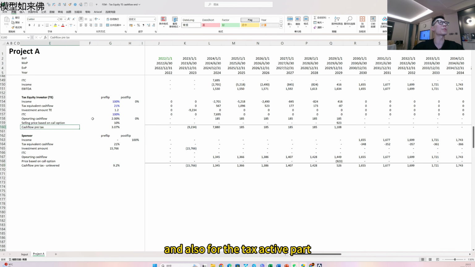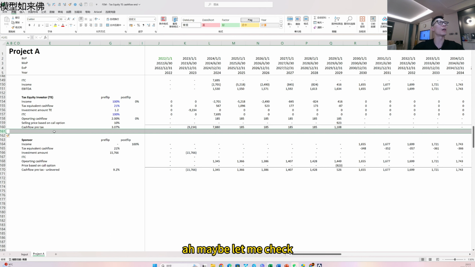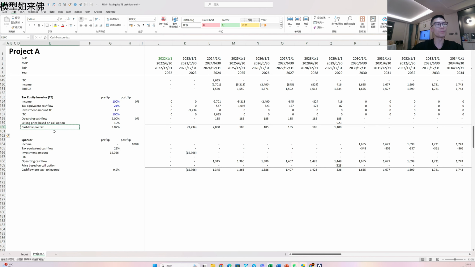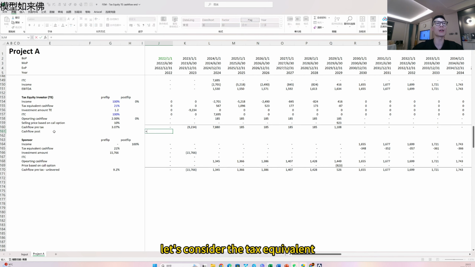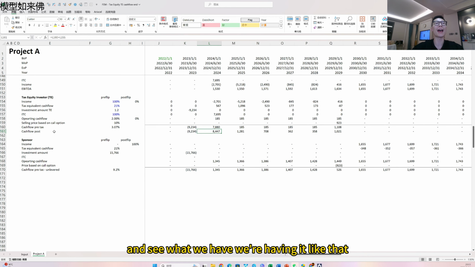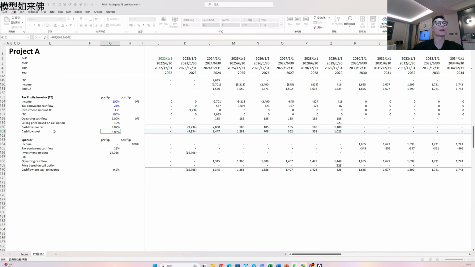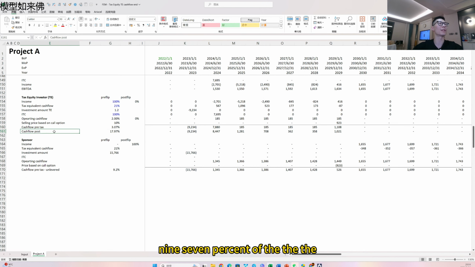And also for the tax equity part, maybe let me check. For the post tax, let's consider the tax equivalent part. We add the tax equivalent cash flow and see what we have. We have 17.97% IRR for the tax equity investor.